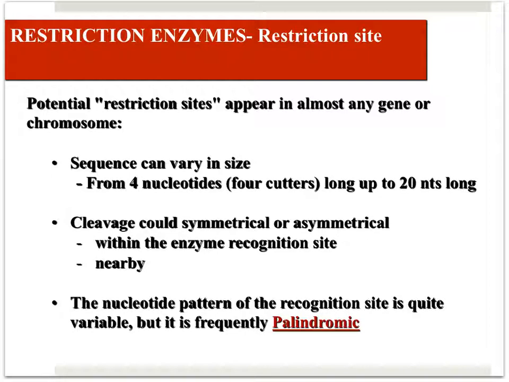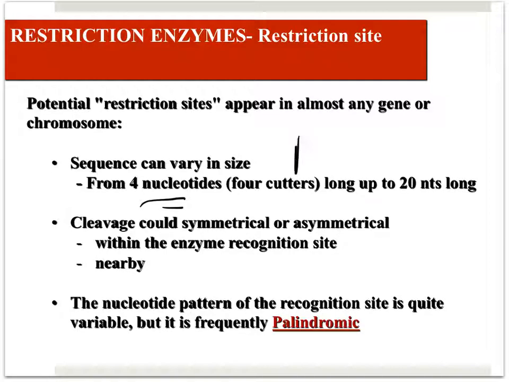We'll look at the frequency, how long they recognize, and all those details. These sequences can vary depending on the enzyme. There are so many different types of restriction endonuclease enzymes. Each recognizes different lengths and base compositions of short recognition sequences, as short as 4 nucleotides.